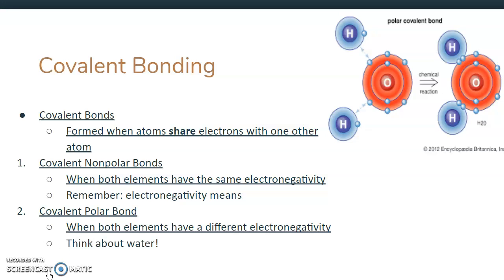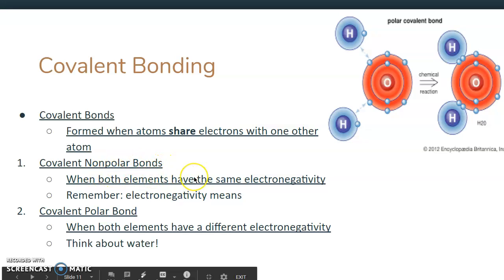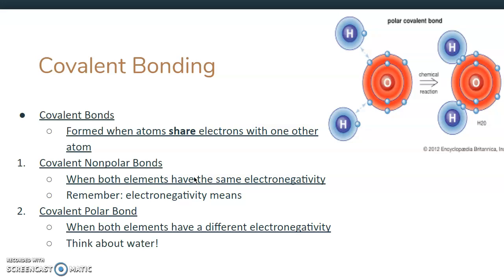Think about water. When we talked about nonpolar bonds, a lot of this happens between things of the same element. So sometimes our chlorine will bond with another chlorine atom, or different atoms will bond to themselves, so they would have the same electronegativity.